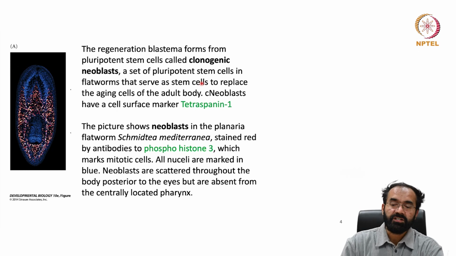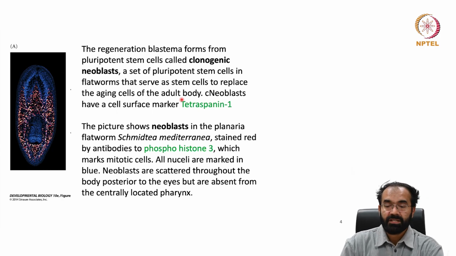Neoblasts are a set of pluripotent stem cells in the flatworms that serve as stem cells to replace the aging cells of the adult body. Any given body, like our skin, has a lot of shedding and replacement. Whether you go in sunlight or have wear and tear, no matter what, your epidermal cells do die and they grow back because of the skin stem cells. Adult stem cells, remember, we studied.